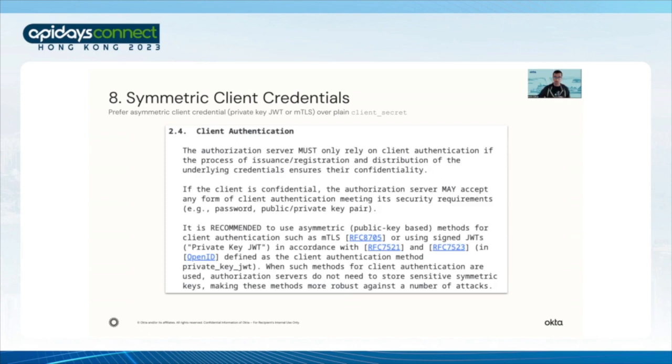That's what OAuth 2.1 also recommends: that you should be using an asymmetric client credential, be it MTLS or private key JWT, to improve the security posture of your client when it comes to authenticating for client credential grants or for exchanges, wherever the client needs to authenticate itself. If it's a confidential client, it should try to opt in for asymmetric credentials.